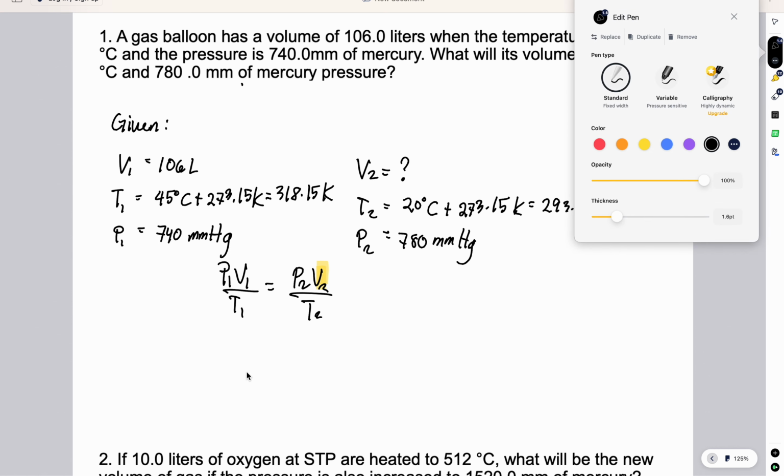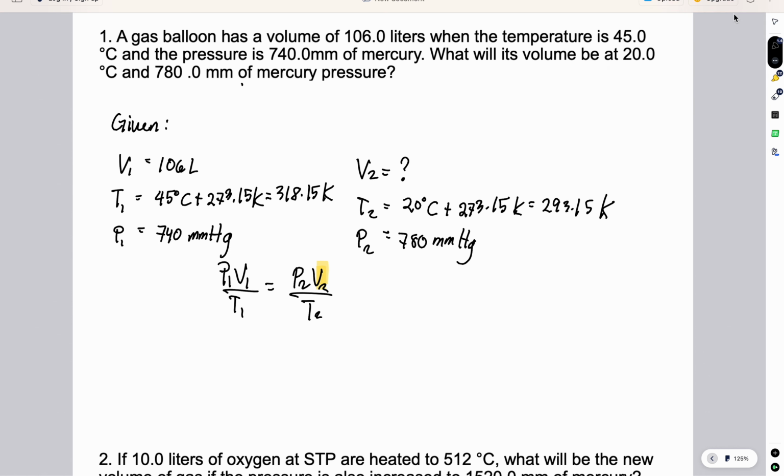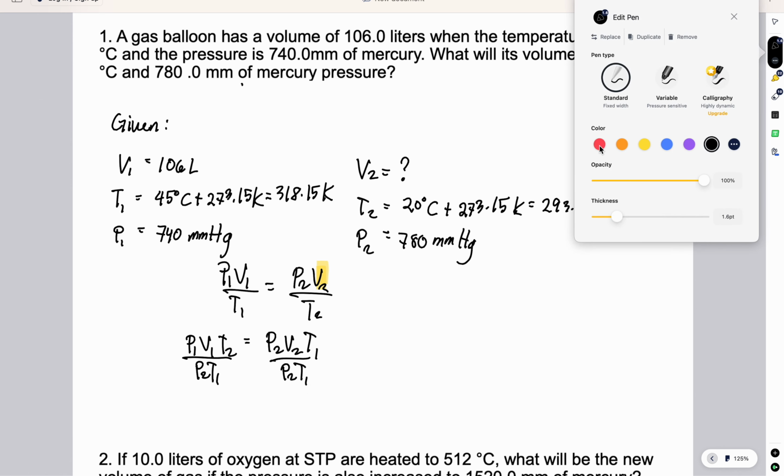So we transpose everything. We first cross multiply: P1V1T2 equals P2V2T1. And we divide everything by P2T1 over P2T1, so this gets cancelled.